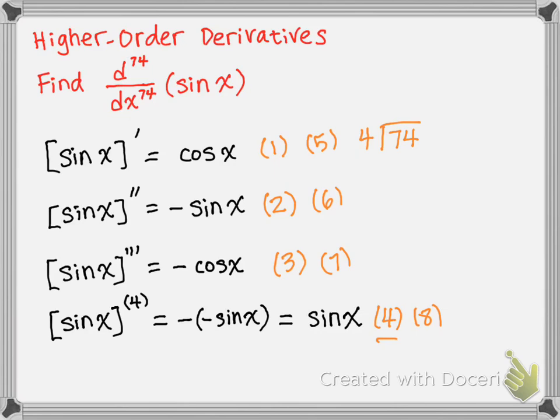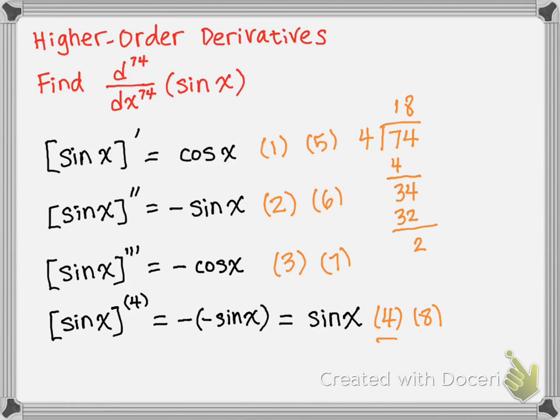Okay, so we get 1, 4. We subtract 7 with 4, we get 34. We have 8. 4 times 8, 32. So the remainder is 2.